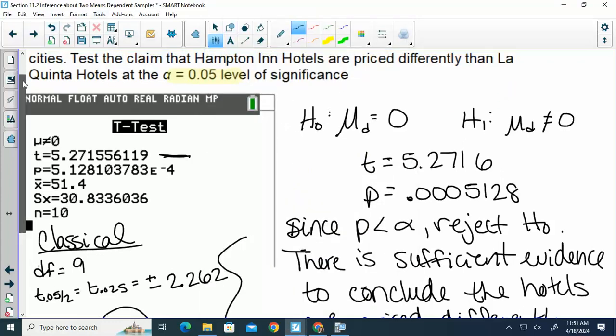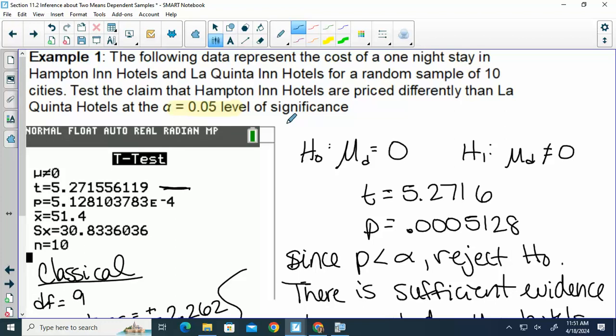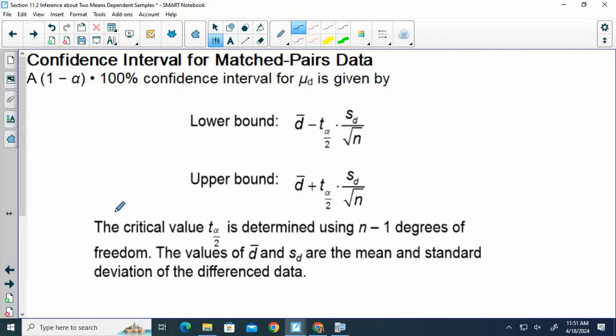The other option we have for testing the hypothesis, just like with the others, is confidence intervals. With those, we always build a confidence interval around the mean. So we're used to doing our x bar, our sample mean, as our center. In this case, you do the same thing, but the sample mean is the difference between the two.